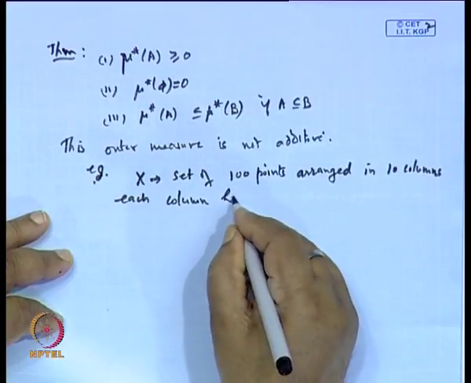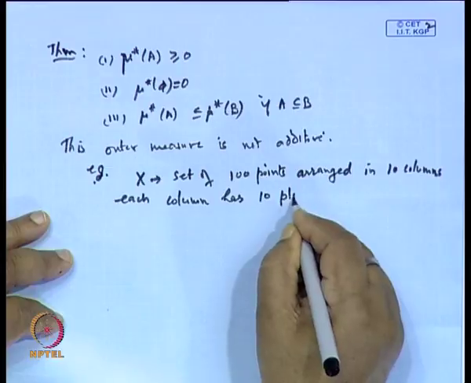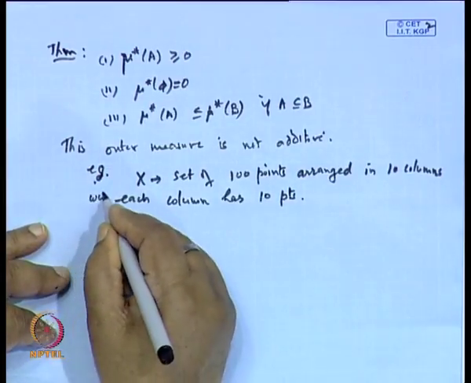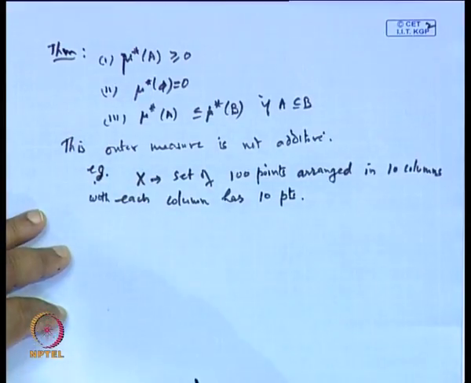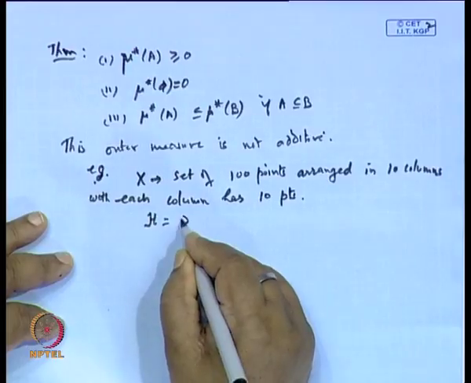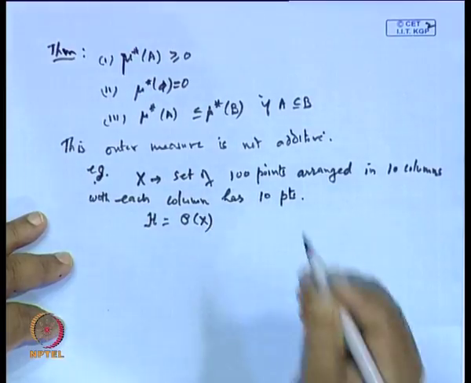Each column has 10 points, and let us suppose H is the power set of X, the class of all the subsets of X.